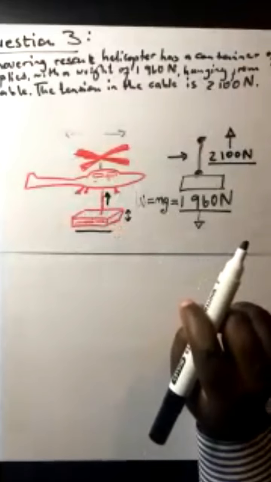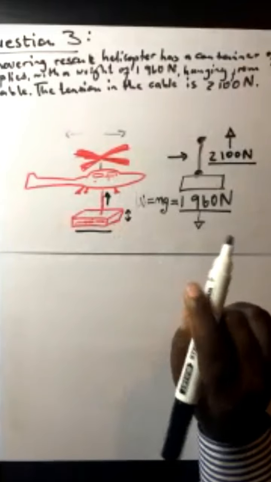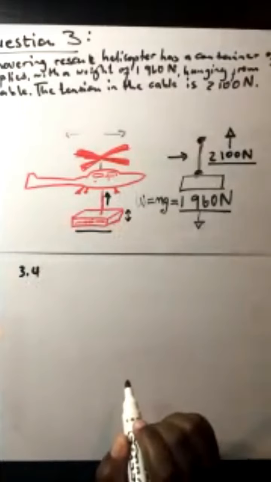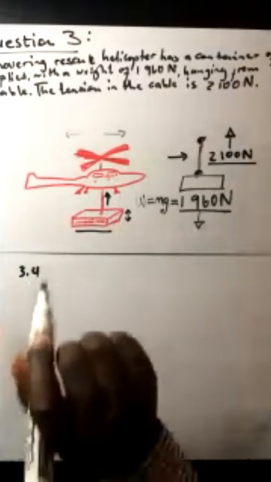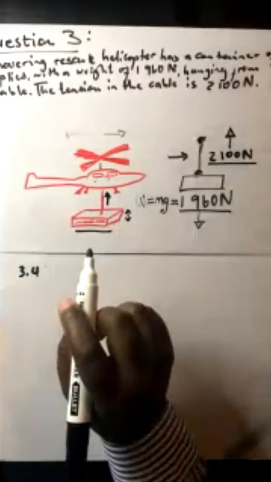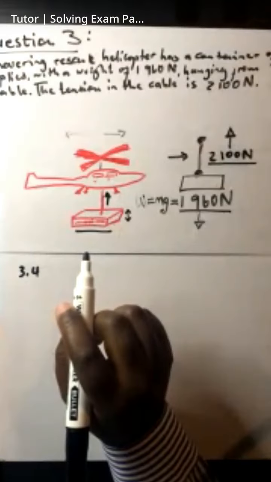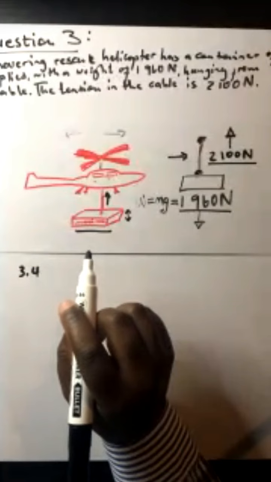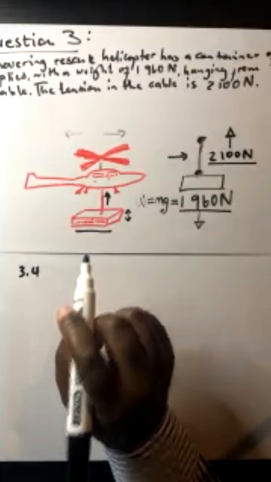So now let's check question number 3.4. But before we get to 3.4, there's a statement given there. They say now the winch inside the helicopter starts to pull the container upwards with an acceleration of 0.13 meters per second squared, while the helicopter remains in its position.